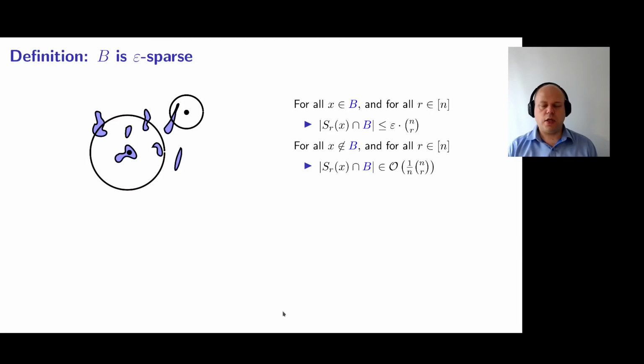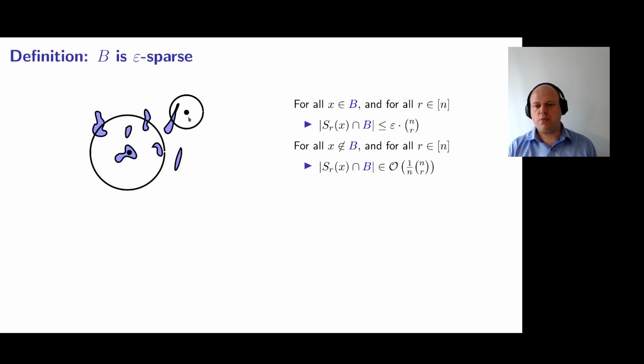Let's look at the definition of an epsilon sparse set B. In this illustration, the blue regions correspond to the set B. We say that B is epsilon sparse if for all x in B and for any radius r, the fraction of elements in the Hamming sphere at radius r around x that fall within B is at most epsilon.